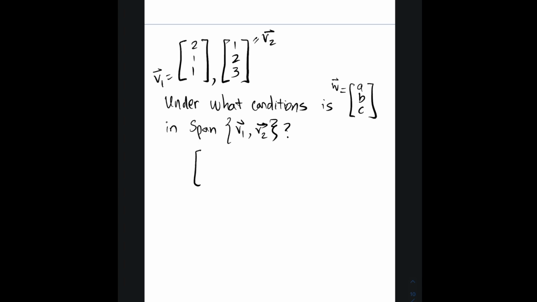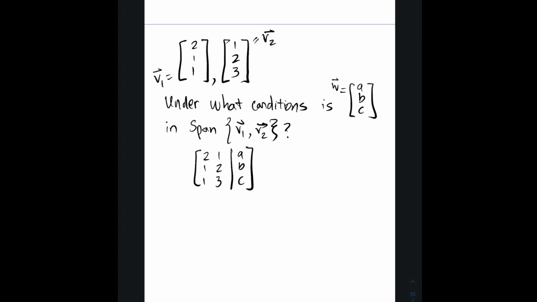So if you have 2, 1, 1 and 1, 2, 3, and then augmented by ABC, if the corresponding system of linear equations, so in this case there are how many coefficients will there be? 2, right? C1 V1 plus C2 V2. So if it's possible to solve this system, then ABC is in the span of V1 and V2, otherwise it's not in the span.